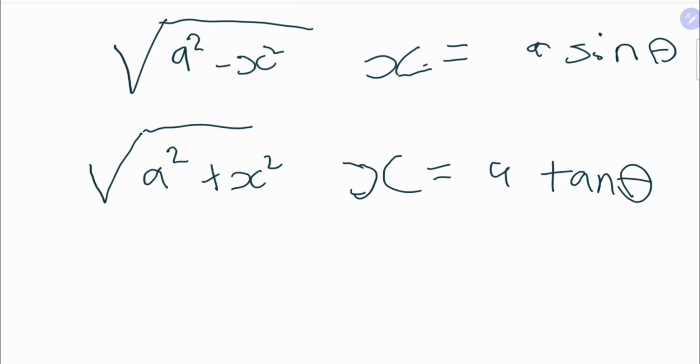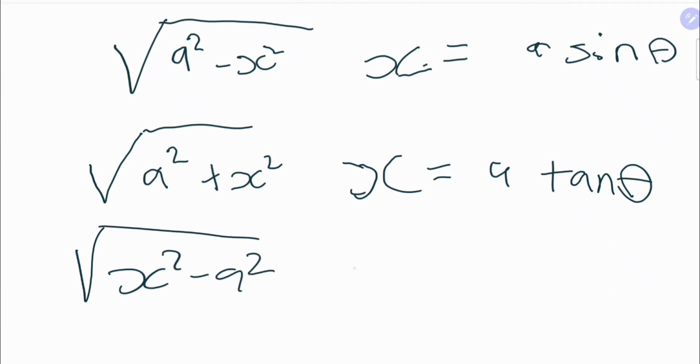And our last one is going to be the root of x squared minus a squared. In this case, x is going to be equal to a secant theta.